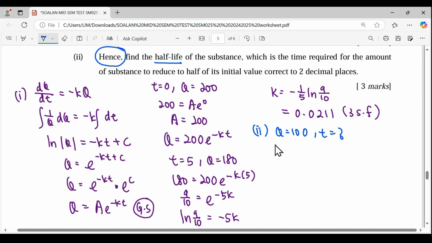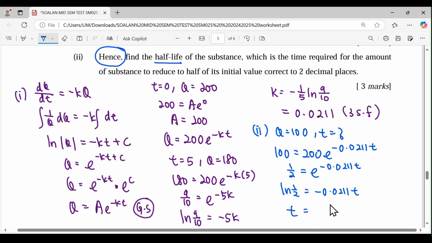So substitute into our equation. 100 equals 200 e negative k times t. So 1 over 2. Move it one by one. Move the e, become ln.